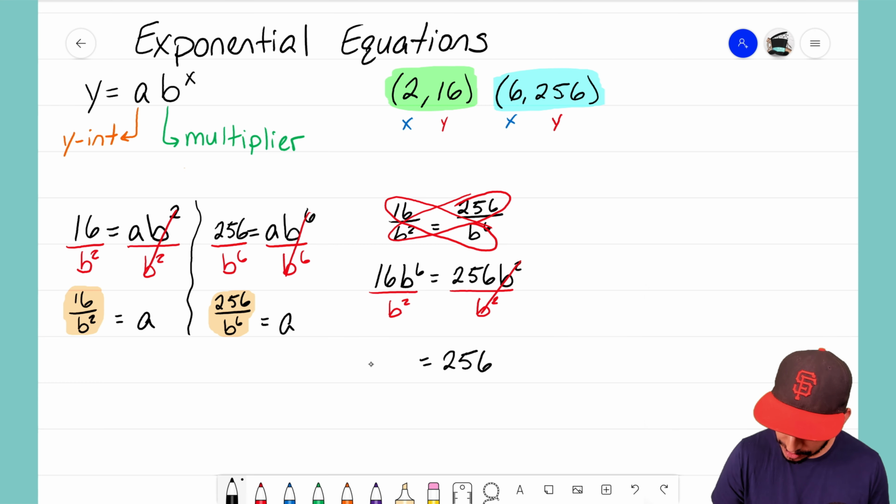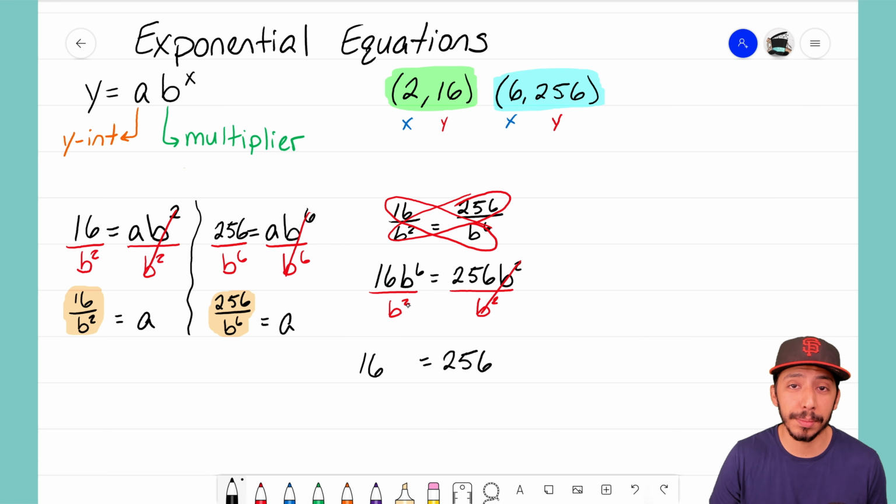On the left side, I still have 16, and then b to the 6th divided by b to the 2nd power. Remember, that's a law of exponents problem. Whenever you have a variable on the top of the fraction and the bottom of the fraction, and they're the same variable, we both have b's here, you just take those exponents and you subtract them. So 6 minus 2 leaves us with b to the 4th power.